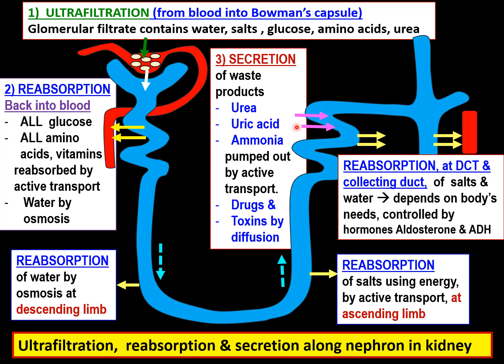These are unwanted substances that have not yet been excreted. Some of them may still be in the blood, so they are secreted in the distal convoluted tubule especially. We'll be talking about each process one by one, so let's start with ultrafiltration and discuss how it occurs.